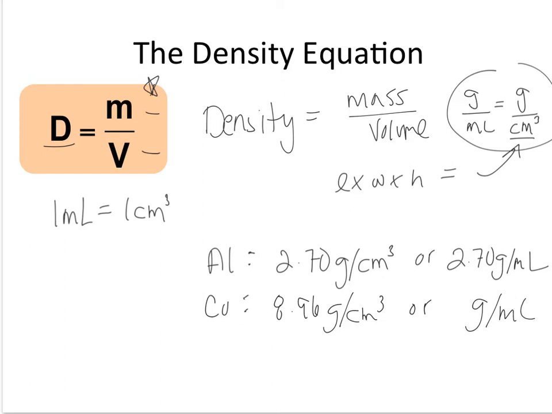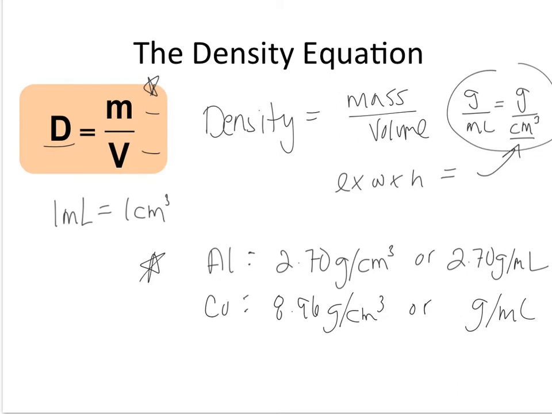So basically density is just the relationship between mass and volume of a specific substance. And the cool thing about that is since it's an intrinsic property, you can identify the type of substance that you have. Let's say you have a couple of unknown metals. You can do calculations, you can do experiments to help you figure out what that unknown's identity actually is based on a comparison to the known density values.